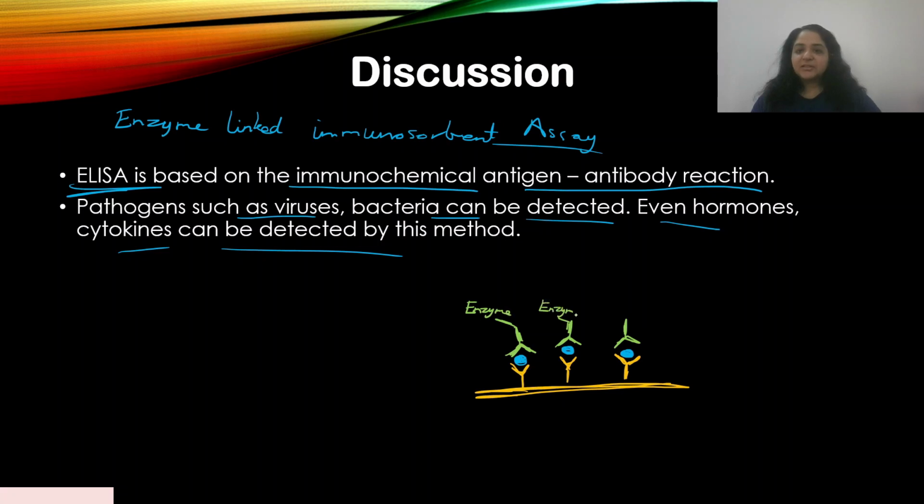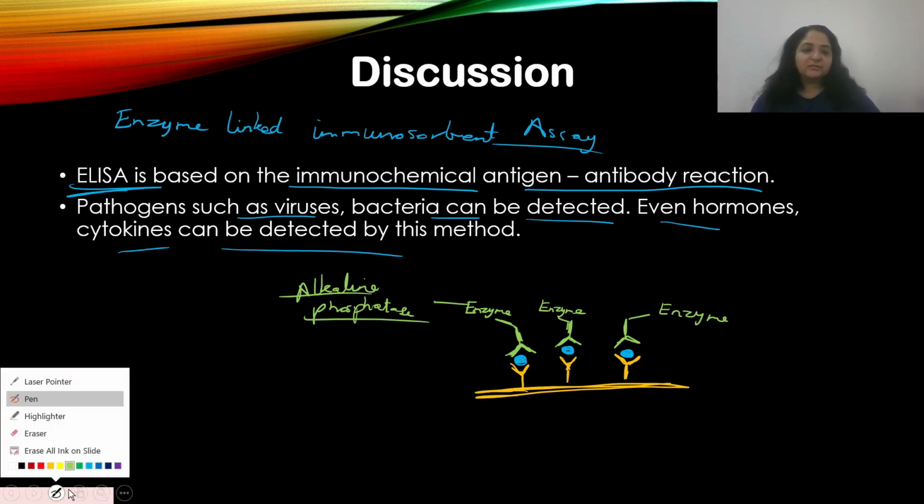It's an enzyme linked secondary antibody, and this enzyme is, in this case, alkaline phosphatase, let's say. It could be peroxidase also. Peroxidase is also used. In this case, it's alkaline phosphatase. Once the secondary antibody with the enzyme linked is attached to this pathogen, the antigen, let's call it the antigen.